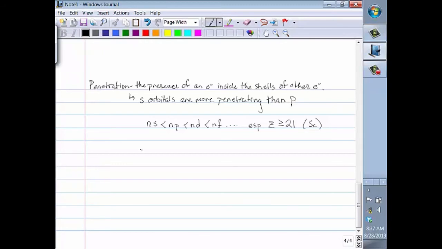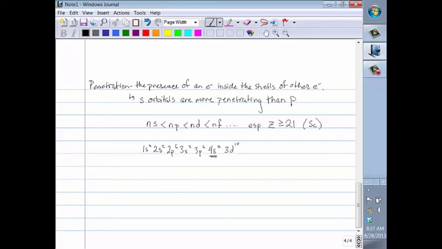We learn that our electrons fill like this: 1s2, 2s2, 2p6, 3s2, 3p6, 4s2, 3d10. The 4s orbital fills before the 3d, and that's because the 4s orbital can penetrate better than the 3d orbital can.